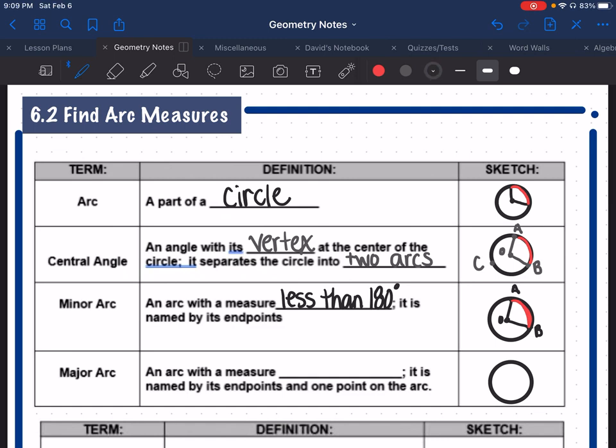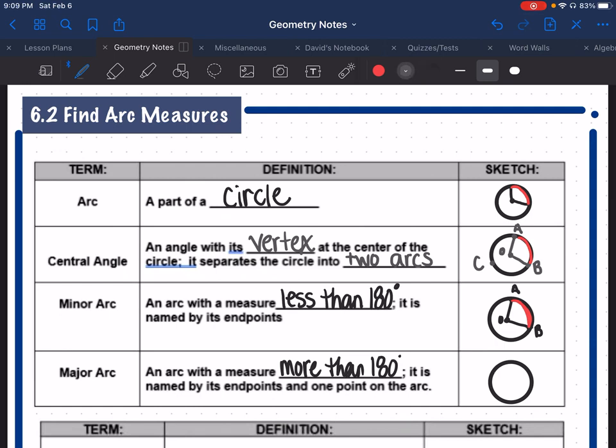My major arc is an arc with a measure more than 180 degrees. It is named by its endpoints and one other point on the arc.